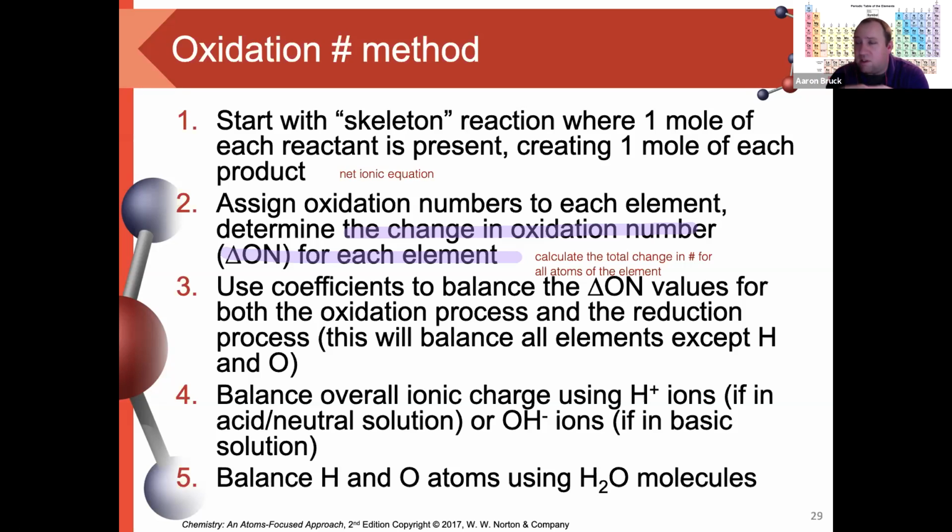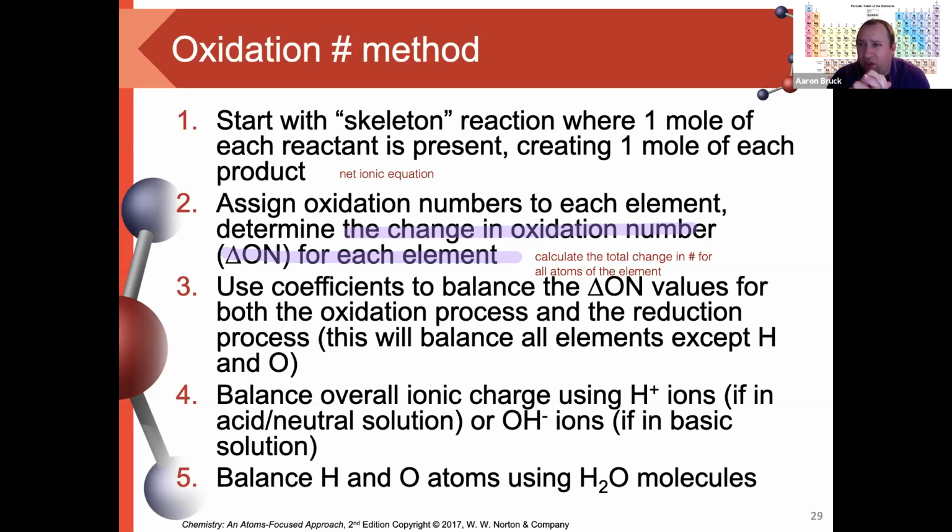And normally speaking, step 4 is probably the most difficult, because we have to get it right and we have to make sure that we calculate our charges correctly. Once we do that, though, the last step's usually pretty intuitive.